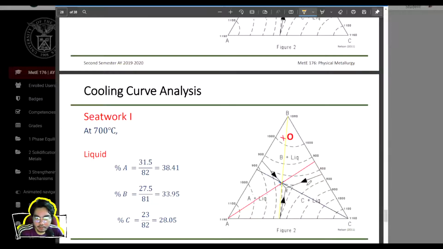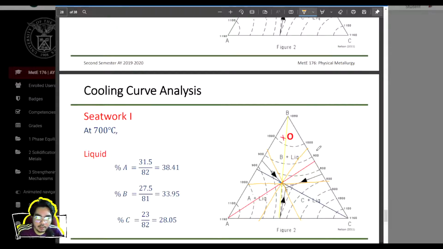Kasi let's try to do it. If you look at this, this is percent C. Tapos yung percent B is this one right here. Tapos percent A is this one. Parang ganun.